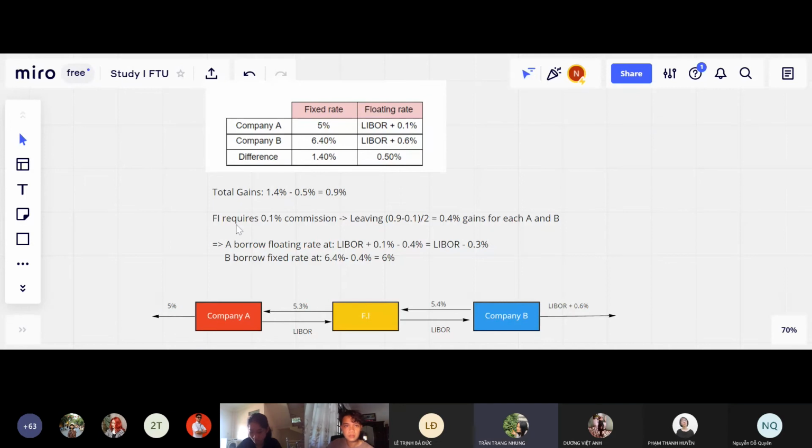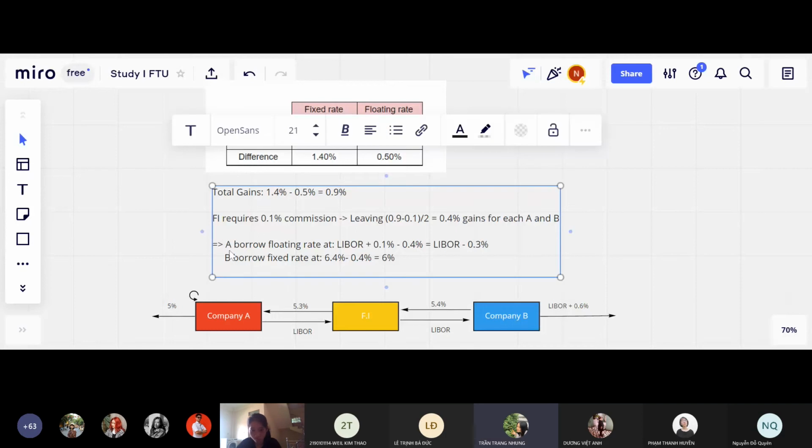And then the financial institution requires 0.1% commission, so it leaves 0.9 minus 0.1, divided by 2, which equals 0.4% gain for each of company A and company B.